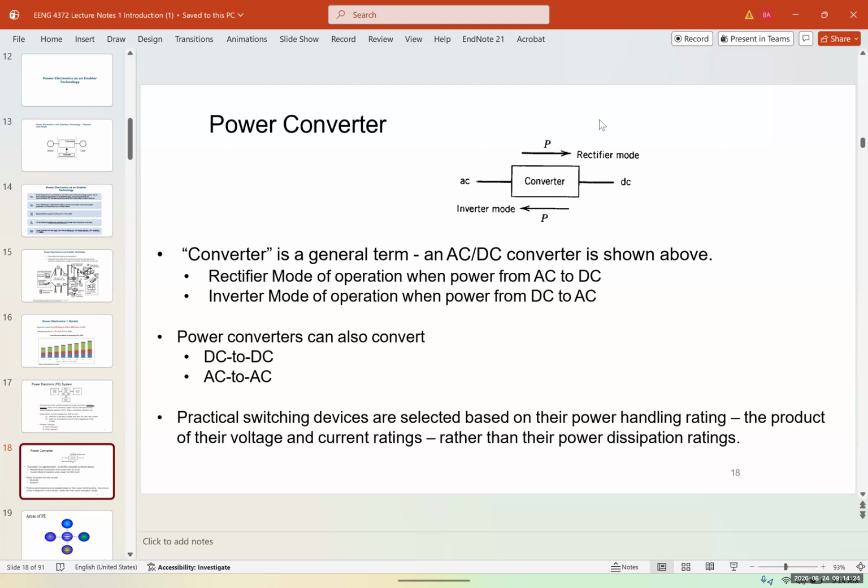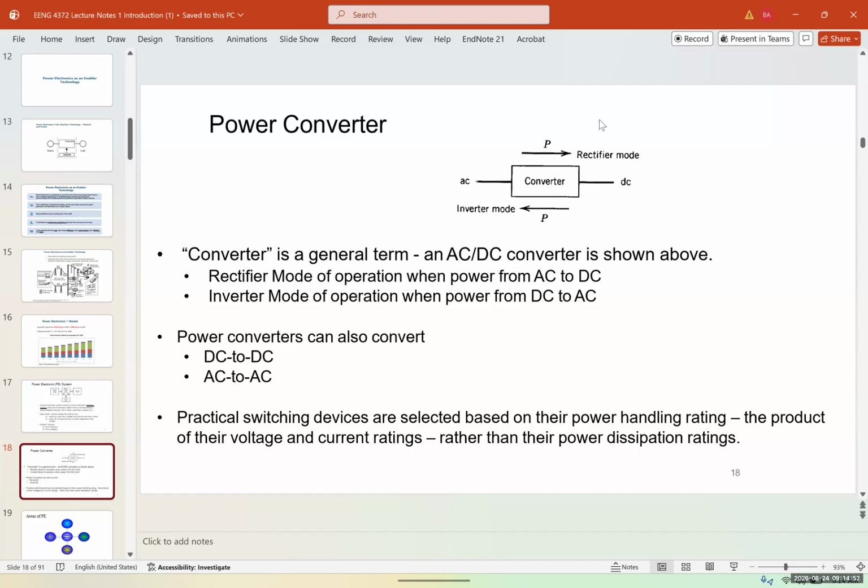For DC to AC, we usually use the term inverter. If you use the term converter, it usually means AC to DC, and usually means rectifier. So in general, converter, most times if you hear that, it's a rectifier, and inverter is a type of converter, but when we say inverter, it's DC to AC.